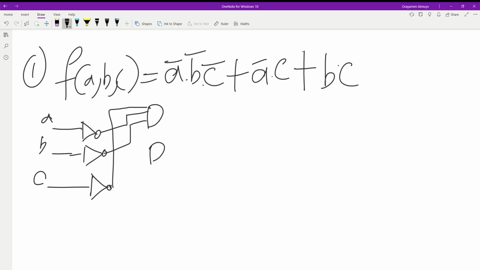So we just use 3 AND gates, and then just assume that we're allowed to use 3 input AND gates. And so for A bar and C, you would have something like this, and like this as well. So this is the first term, the second term, and then the last term is just B and C. Like I said, this probably simplifies, but that's not the point of the exercise.